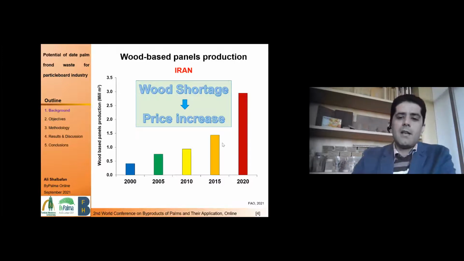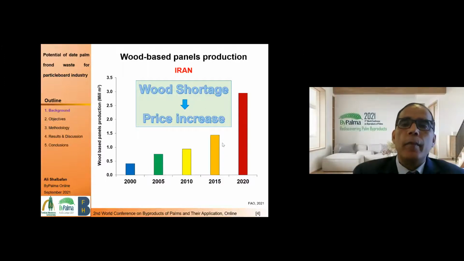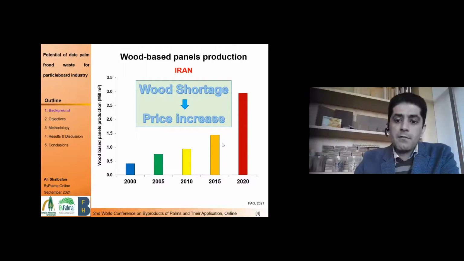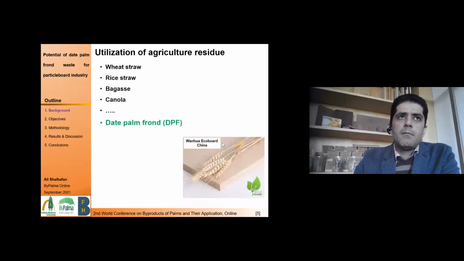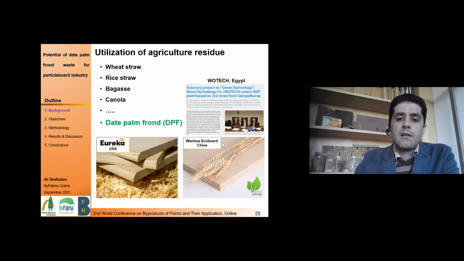And this competition led to an increase in the wood price, which is not acceptable for the wood-based panels manufacturers. Of course, there are several ways to cope with the wood shortage, but one of the most interesting ways, which has recently attracted a lot of interest, is the utilization of local agriculture residues.